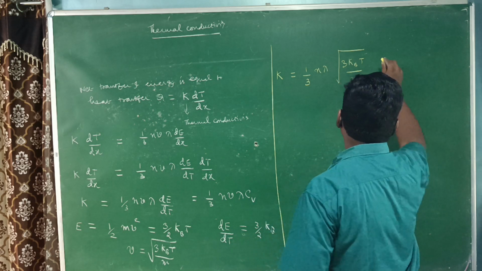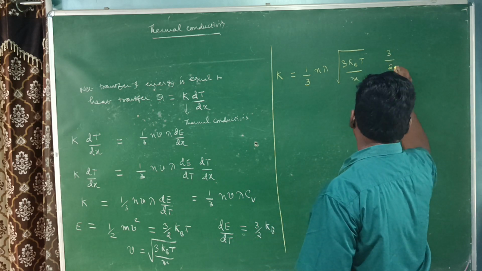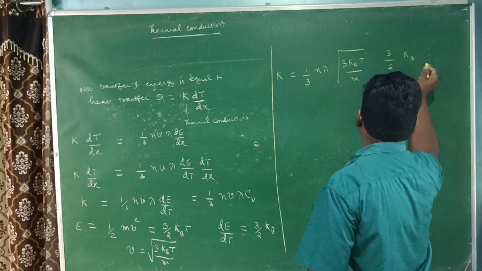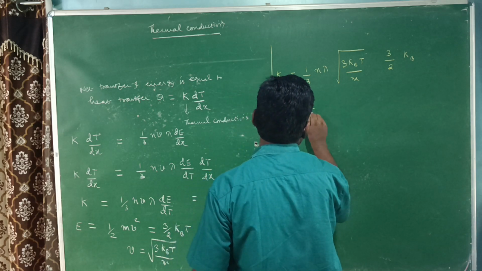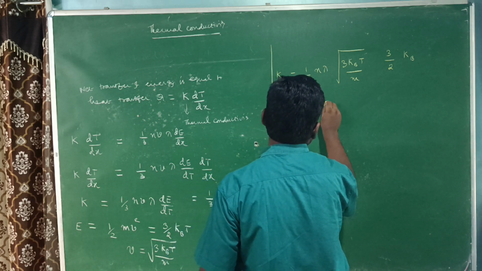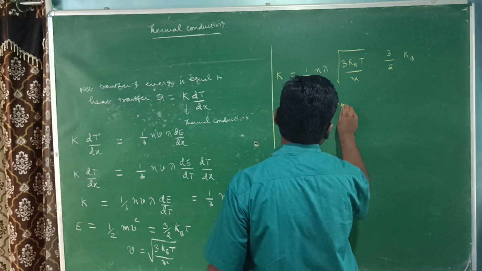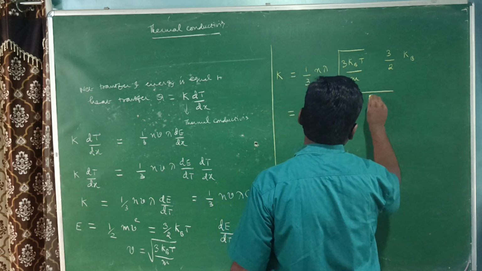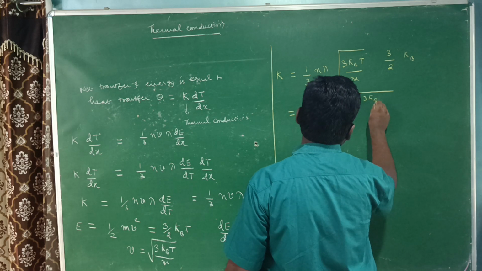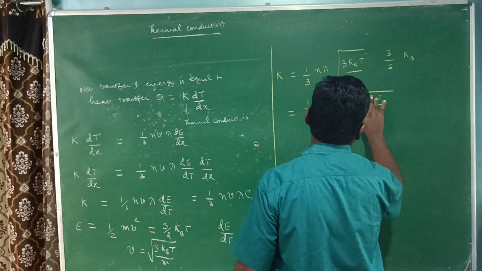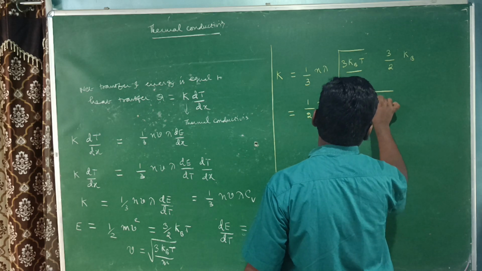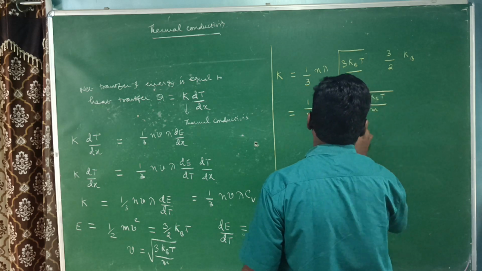The value of d by dT is 3 by 2 into k_B, which is equal to 1 by 2 n lambda k_B into root of 3 k_B T whole divided by m.